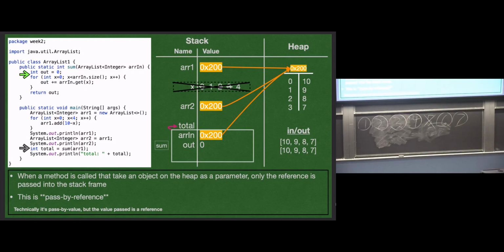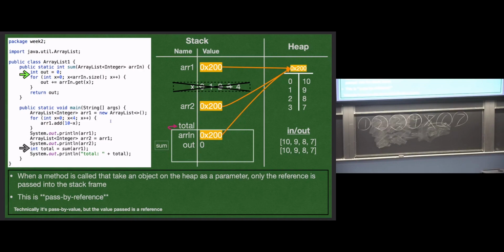So if, we don't do it in this example, but we will do it throughout this semester, inside this sum method we went to rn.add or modified this in any way, that modification is going to be seen even after this stack frame ends and goes back to the main stack frame. R1 and R2 are going to see those changes, and their array list has changed because they're referring to the same exact array list.